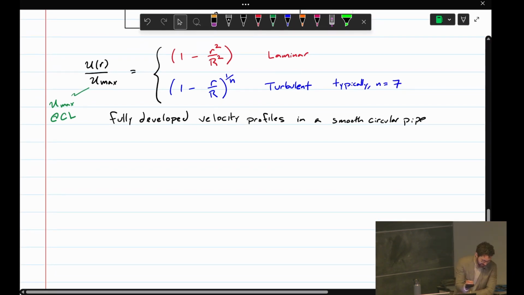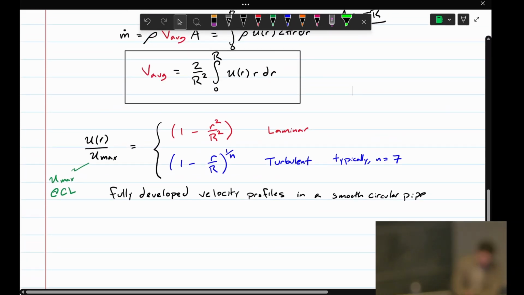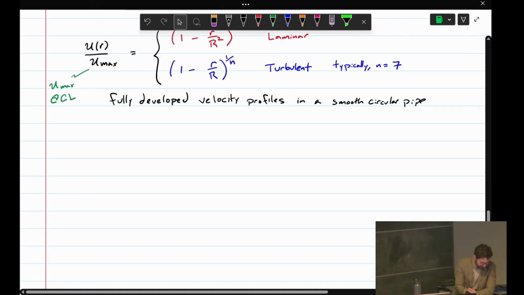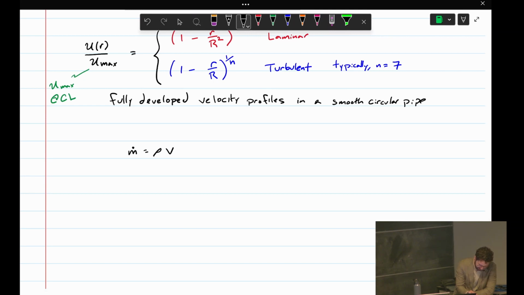So our mass flow rate in our pipe is going to be, remember this? M dot is rho V dot, which is rho V average A. I'll give some different expressions we could use: rho V average pi r squared.